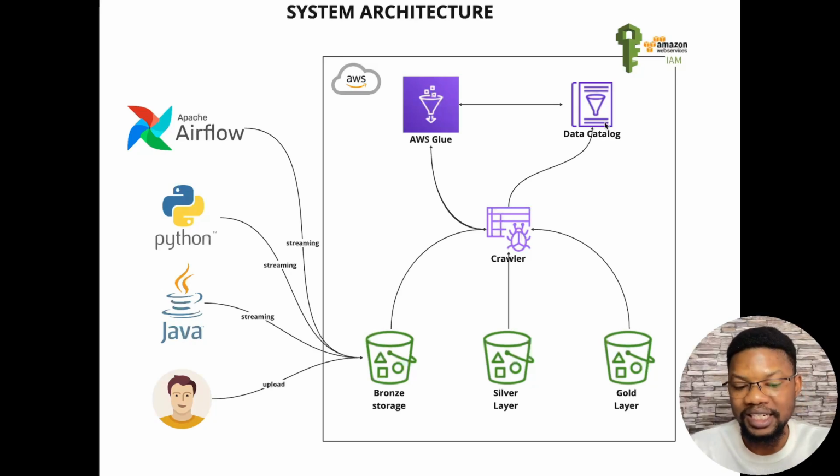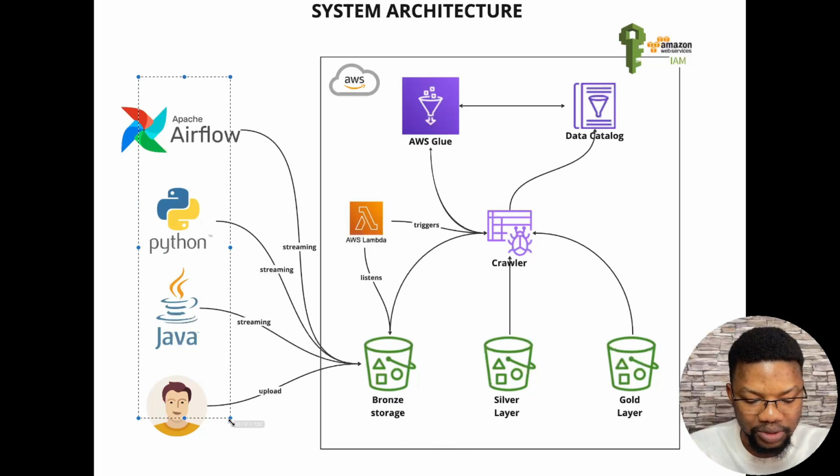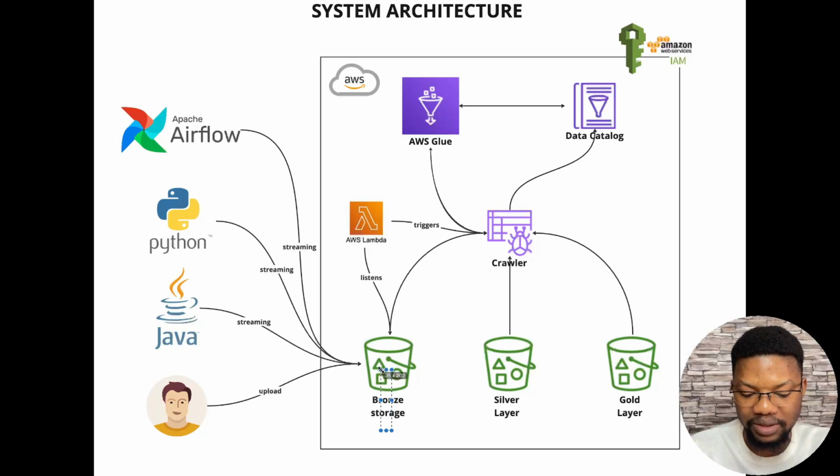That leads us to implementing the AWS Lambda function here. This is what comes to our rescue, and in this case we have the Bronze storage. AWS Lambda is going to be listening for events dropping into our Bronze storage. So when any of these actors drop files into our Bronze storage, AWS Lambda listens for that event and triggers the crawler, which in turn is inside AWS Glue.